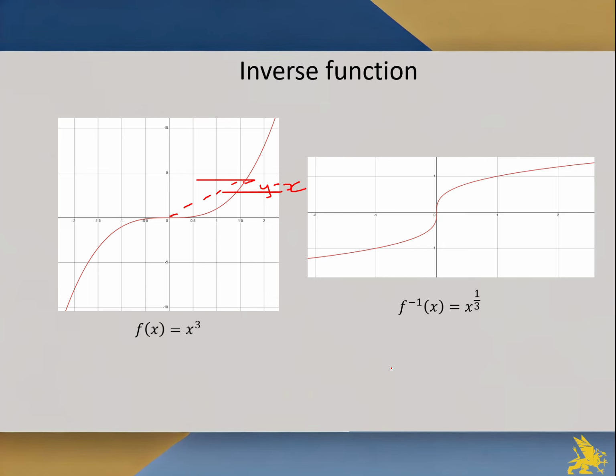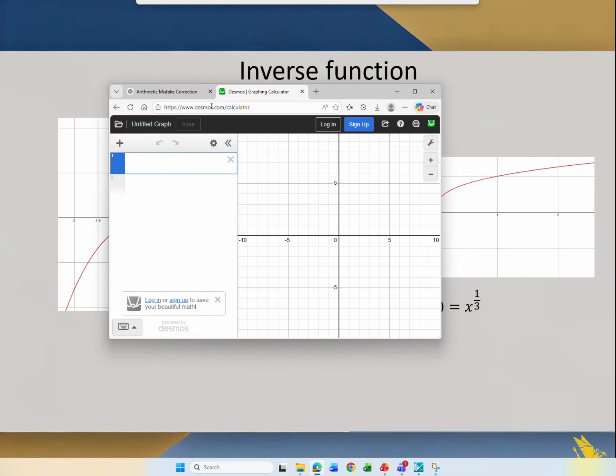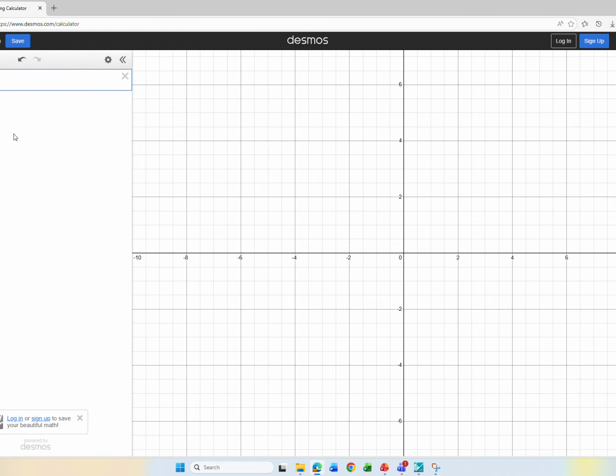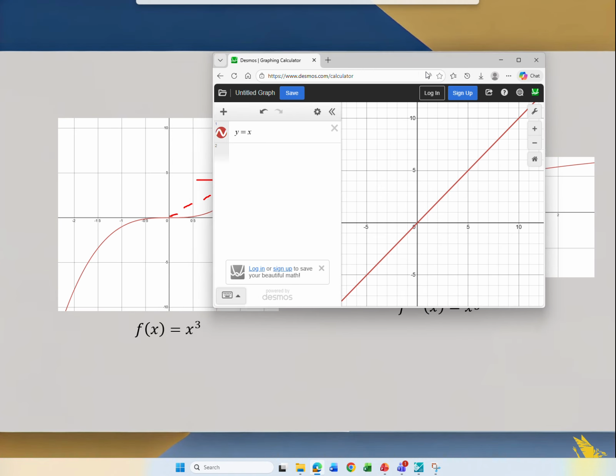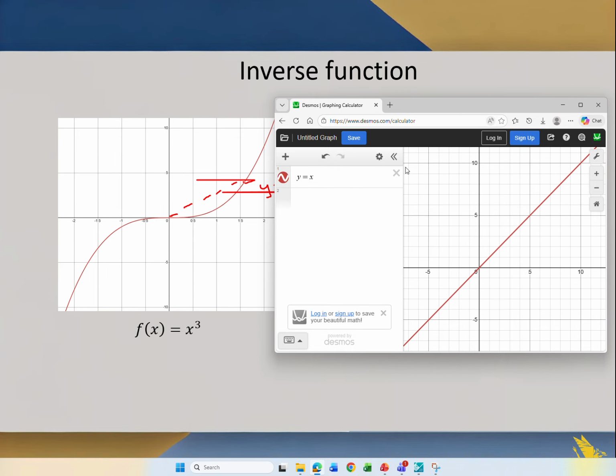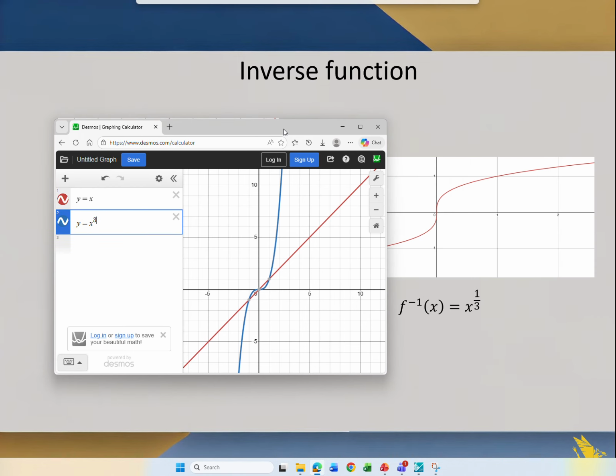Now it's not working on there. I'm just going to quickly get up Desmos to go over this and show you a bit better. Okay, so if I type in y equals x, this is my mirror line. Now, I'm just going to look at what I've got here, which is y equals x to the power of 3. So that's the graph we have over here.